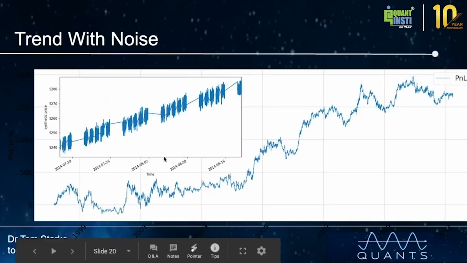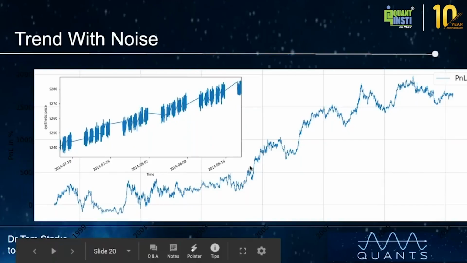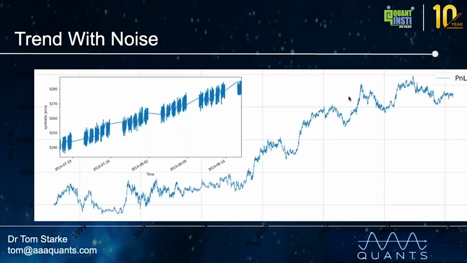So here, similarly, we have a trend. We have a really strongly upward trending price curve, but we add a lot of noise into the daily trend line. So whilst the trend is clearly up over periods of time, every day has a significant amount of noise. And again, you can see that our reinforcement learner really struggles to learn this.